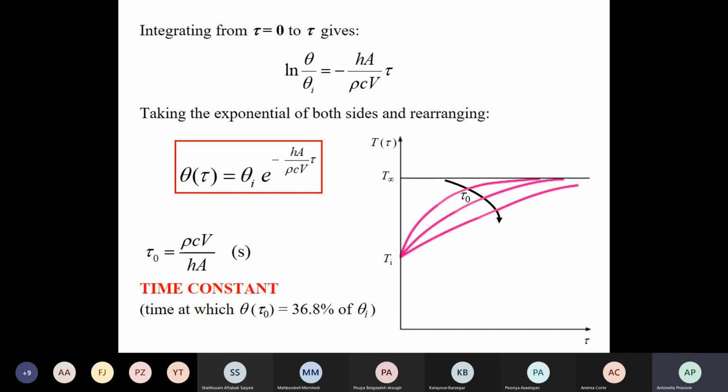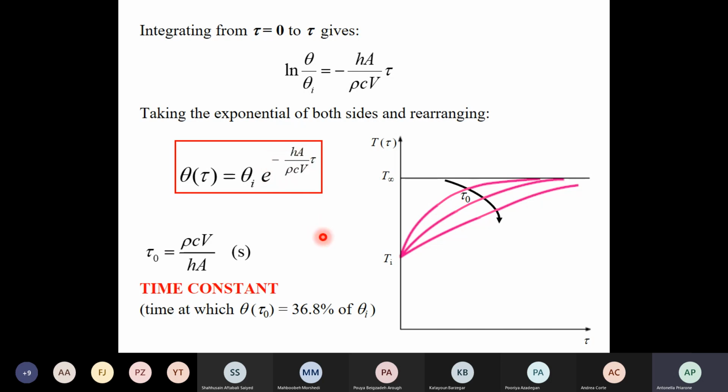Why? Because if I consider that time tau is equal to tau 0, I obtain e to the minus 1.